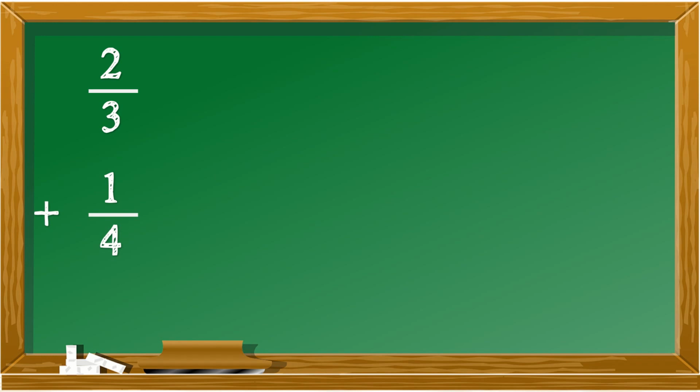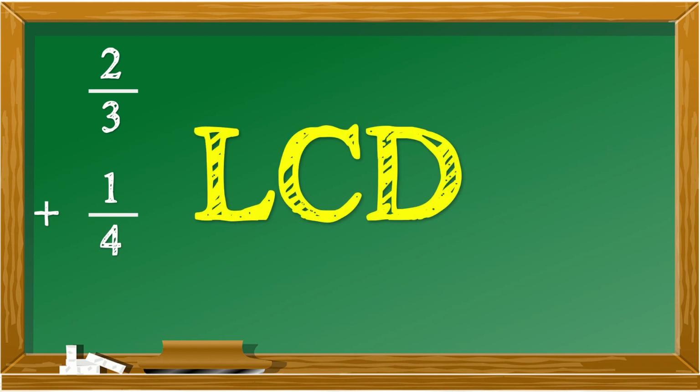They are dissimilar fractions because they have different denominators. We need to convert this first into similar fractions by finding their LCD, or the least common denominator.